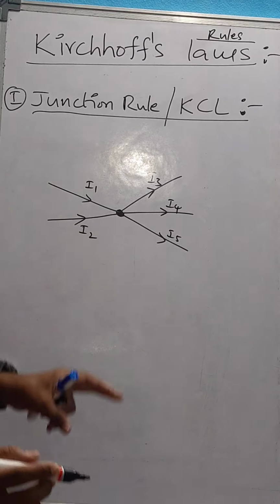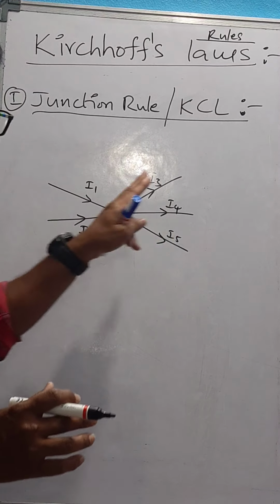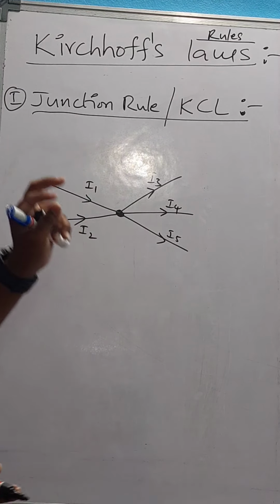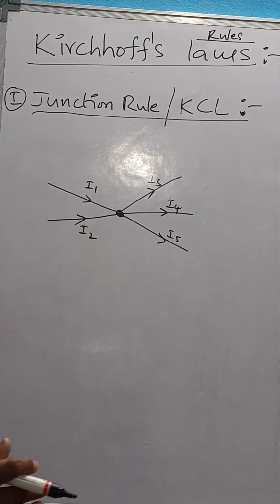Now how can we calculate the total current at this junction? That is stated by Kirchhoff's first law, called the junction rule.